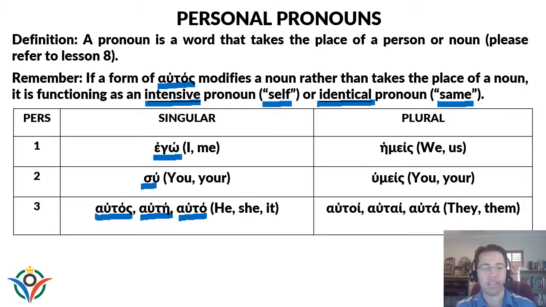And we translate that as he, she, or it. And then the plural forms, the first person is heimes, which is we or us. The second person plural is humes, which is you or your again. And then the third person plural is autoi, autai, and auta, they or them.